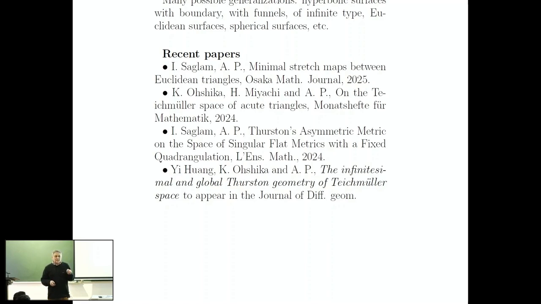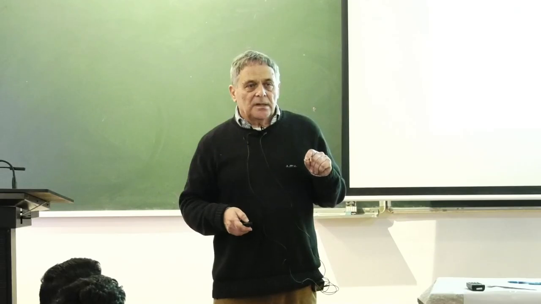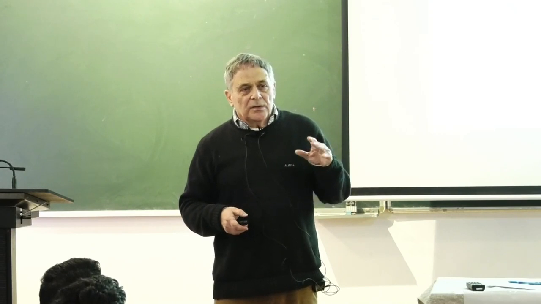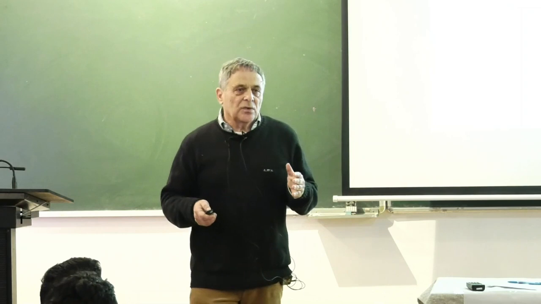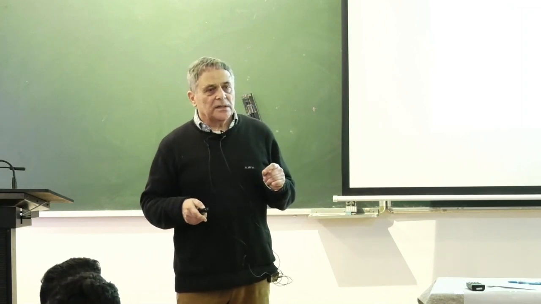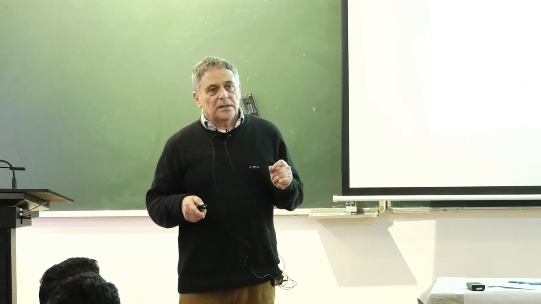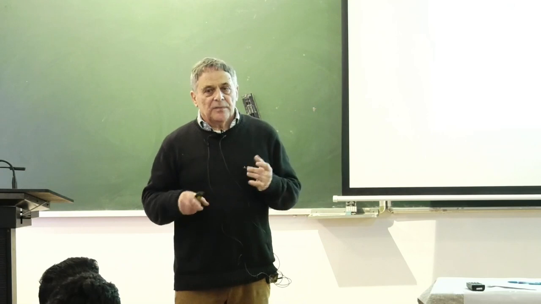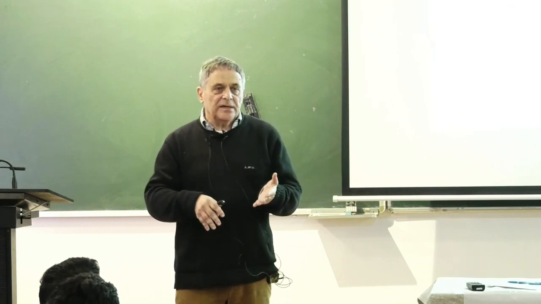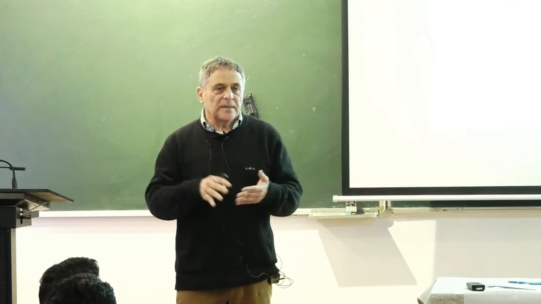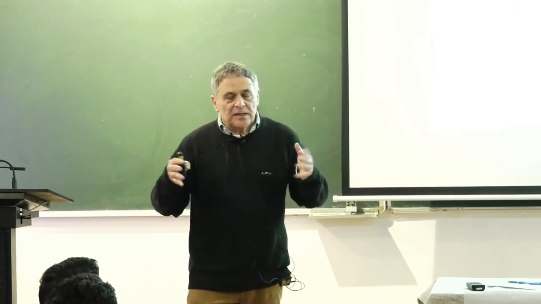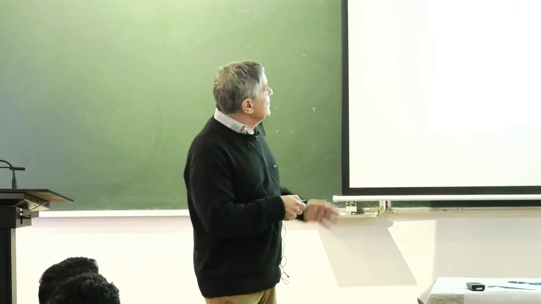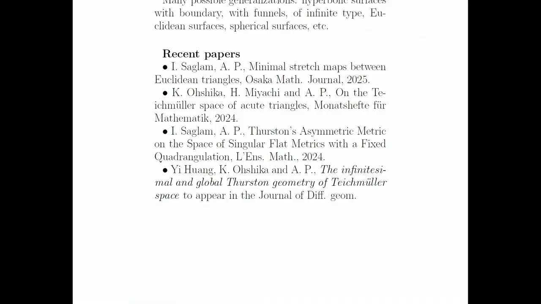It turns out that it's interesting and important to consider only triangles of the same area. If you multiply the triangle by a constant, you want to consider the triangle as similar to the first one. So this is a metric between Euclidean triangles up to homothety.